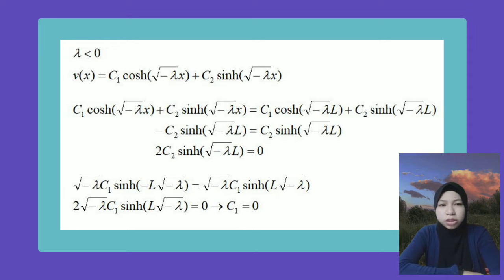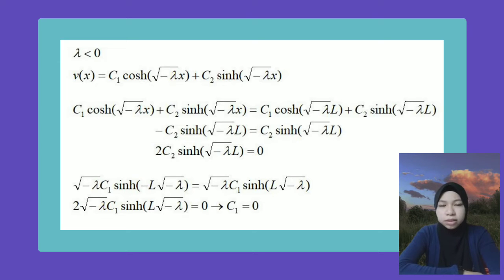C1 cosh square root of negative lambda x plus C2 sinh square root of negative lambda x equals C1 cosh square root of negative lambda L plus C2 sinh square root of negative lambda L, equal to negative C2 sinh square root of negative lambda L equals C2 sinh square root of negative lambda L equal to 0.